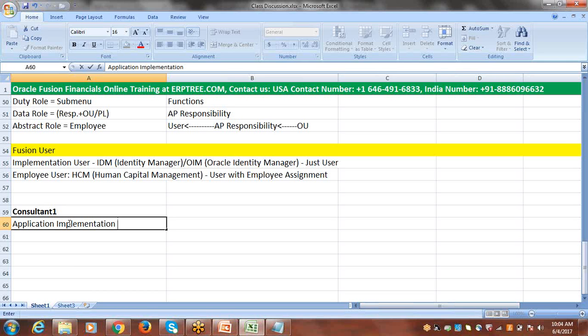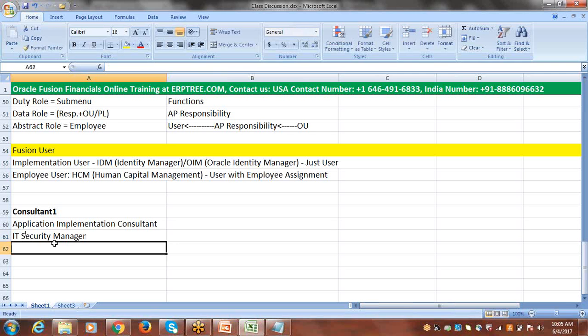Just let me give you the list first, then we can compare for better understanding: Application Implementation Consultant, IT Security Manager and Employee role.